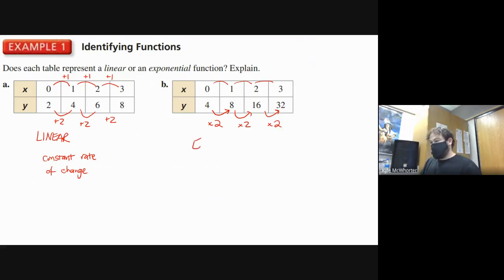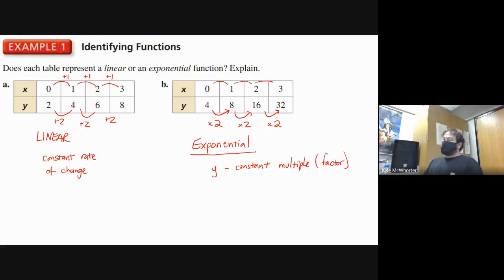So this is going to be an exponential function. Because the y value is increasing by a constant multiple or by the same factor each time.